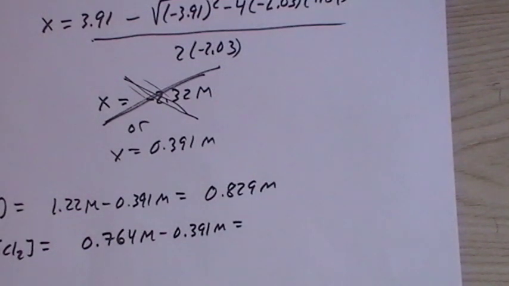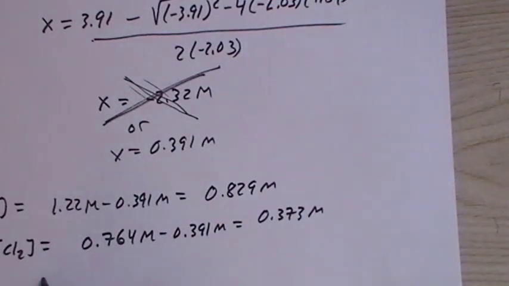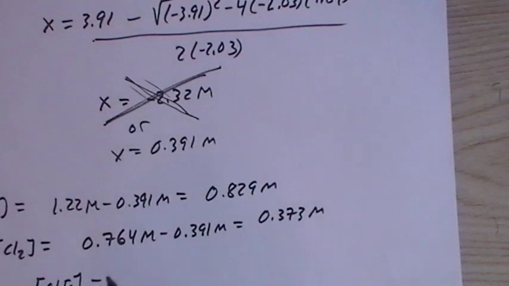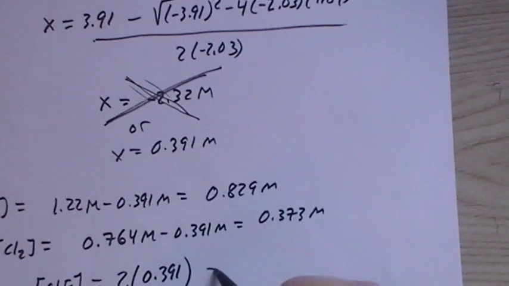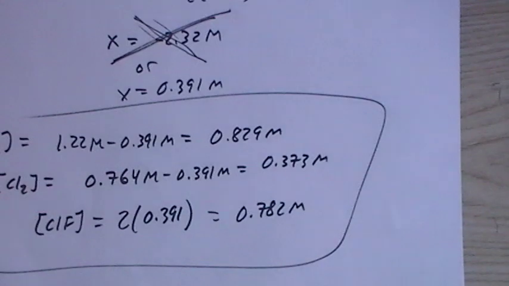So 0.764 minus 0.319, and then the concentration of the chlorine monofluoride is going to be 2 times 0.391. So 0.391 times 2, so 0.782 molar. And because we were just finding the concentrations, that's as far as we have to go.